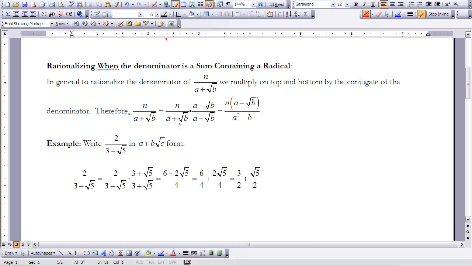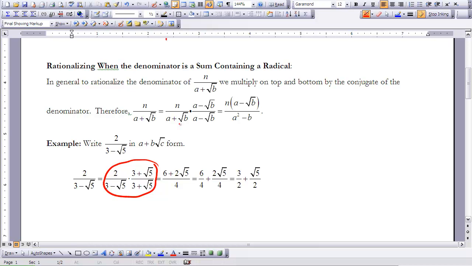So we're going to take the conjugate of that, so that would be 3 plus the square root of 5 right here. Remember, 3 plus the square root of 5 over 3 plus the square root of 5 is the same as multiplying by 1, so I'm not changing its value, just changing how it looks. So 2 times 3 and 2 times the square root of 5 gives me 6 plus 2 root 5.